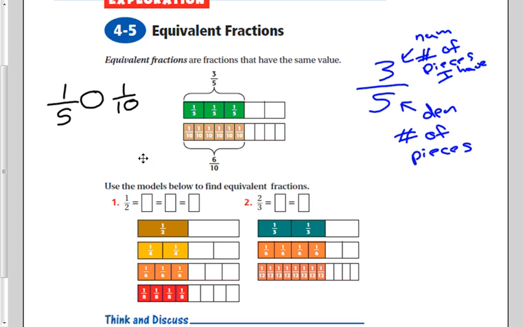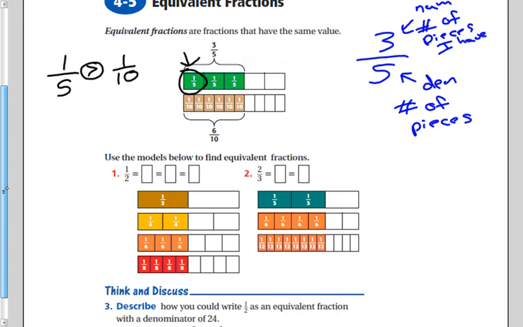But when we're talking about fractions, and I want a piece of that candy bar, would I rather have 1 out of 5 pieces or 1 out of 10? I can see right on this picture that I would rather have 1 out of 5, because if it's cut into fewer pieces, then each one will be larger. So 1/5 is larger than 1/10. We'll learn more about that later.